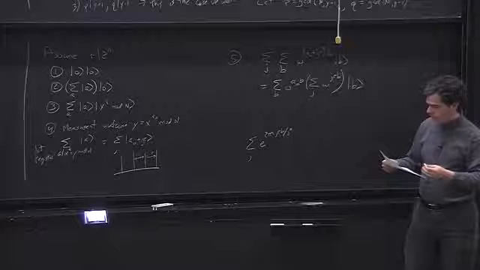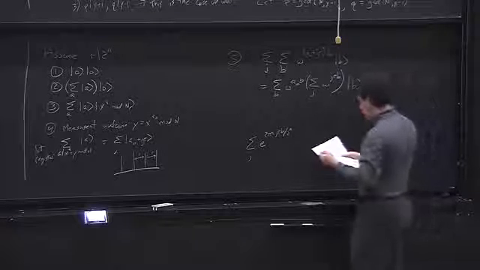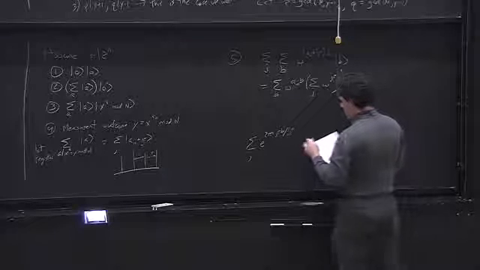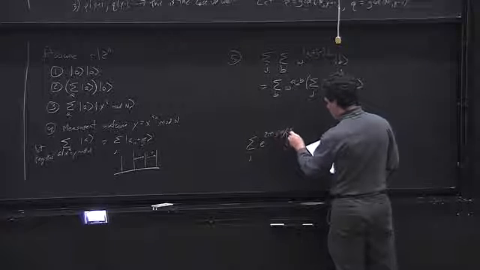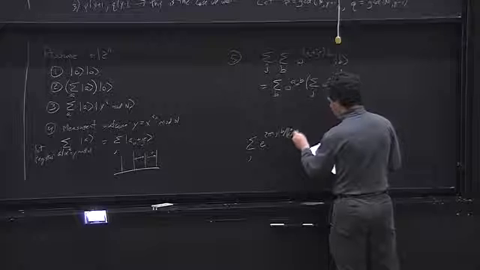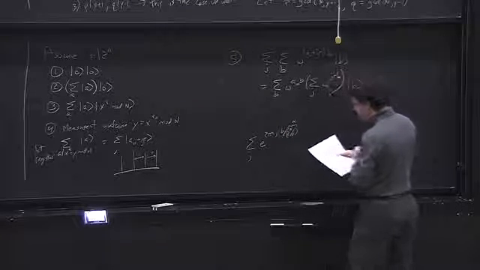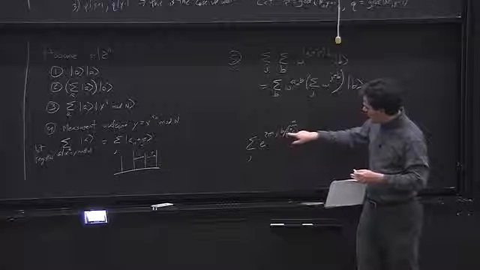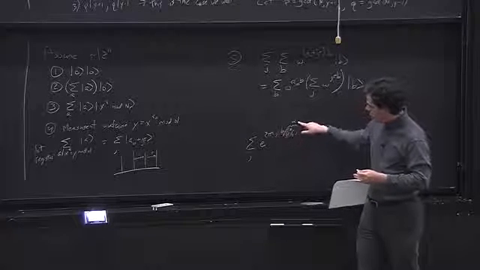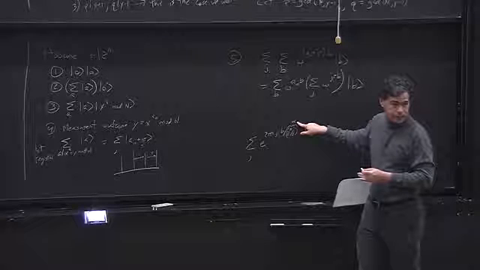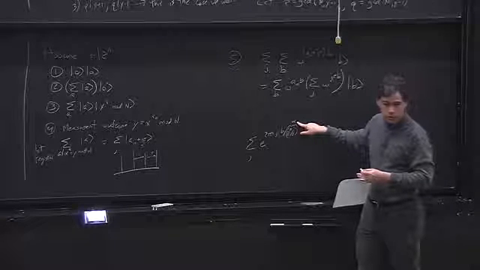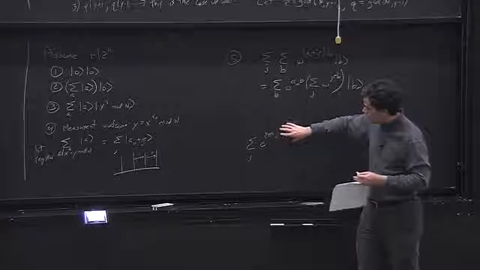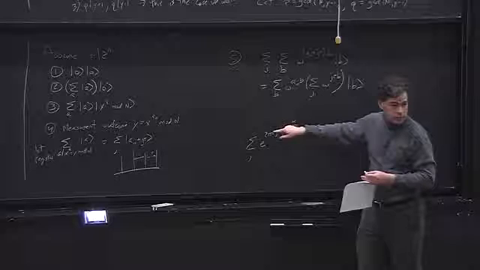Okay, and let me rewrite this a little bit as 2 to the n over r, which I'm going to call alpha for the moment. And so if b is an integer multiple of alpha, then this thing here is an integer, and this is just 1, right?